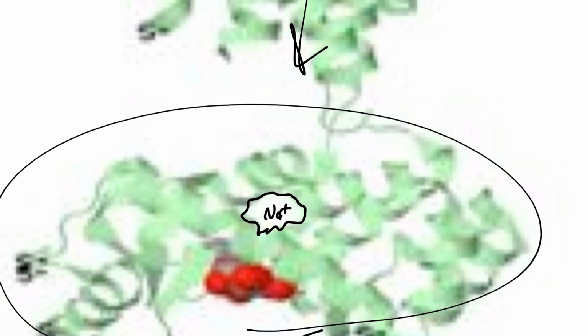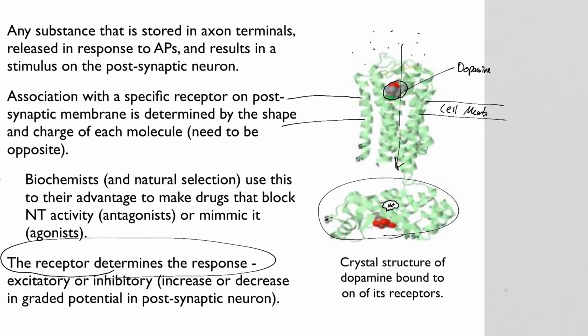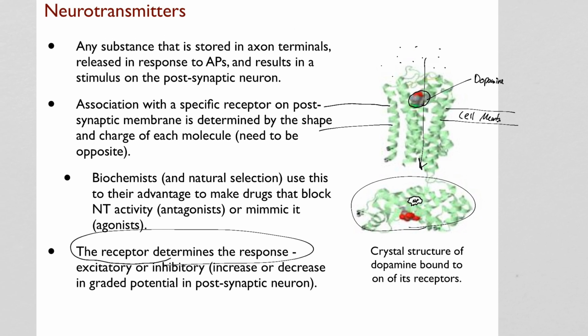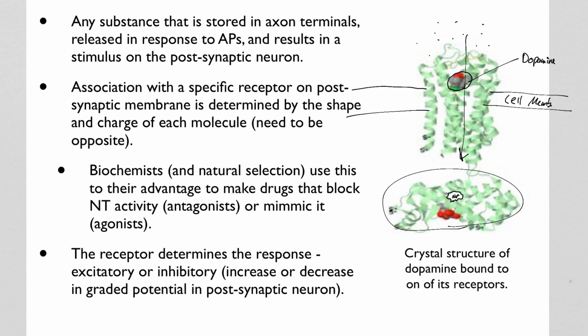This receptor is what gives the neurotransmitter specificity. So the receptor is what our drugs are going to target. When you make or take a pharmaceutical, it can act in one of two ways. Some pharmaceuticals act as agonists and some as antagonists. An antagonist is exactly what it sounds like: it somehow blocks the effect of the neurotransmitter, whereas an agonist mimics the neurotransmitter and makes even more of that response happen.